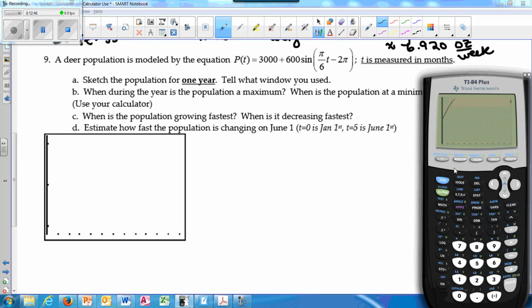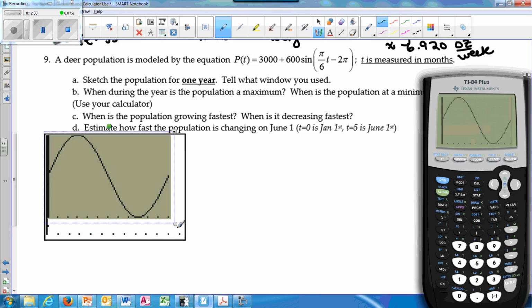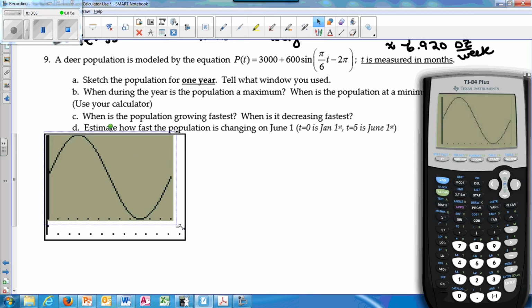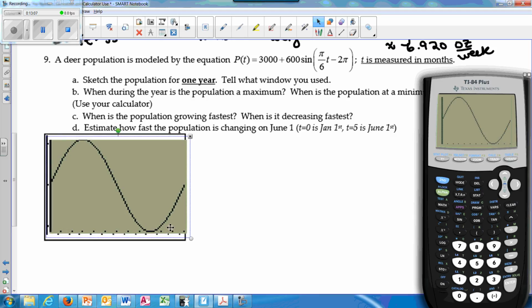And after I've set my x, only after I've set my x, I can press zoom and 0. Zoom 0 will ask the graph to fit that y window. It will never do the x's for you. It will only ever do the y value. So you have to set the x value first. So this was my window.